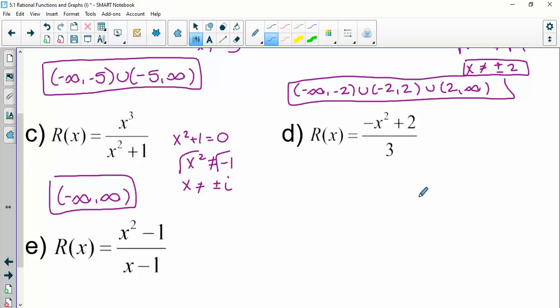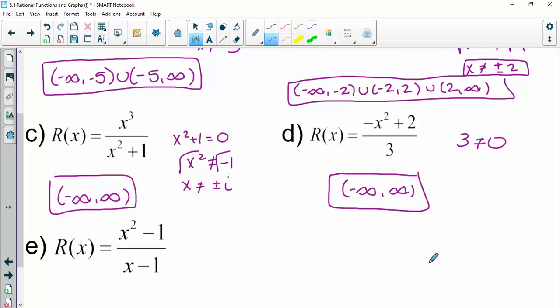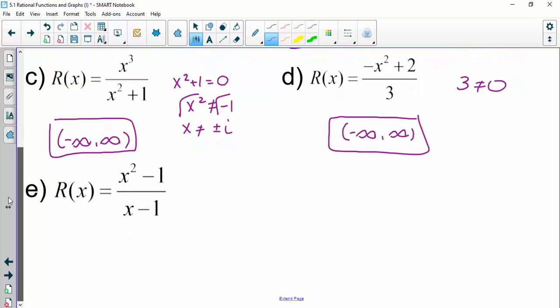Right, D. My denominator cannot be 0. Does 3 ever equal 0? So what's our domain? Okay. And E. What's the domain going to be?